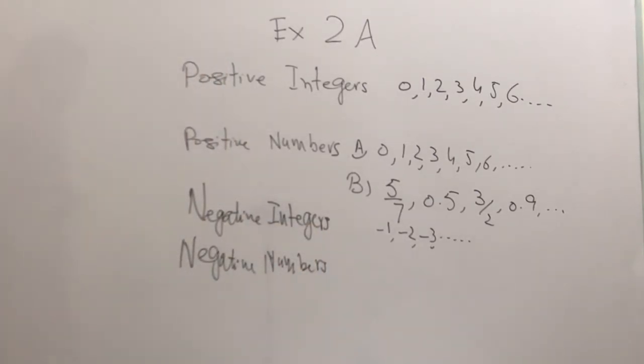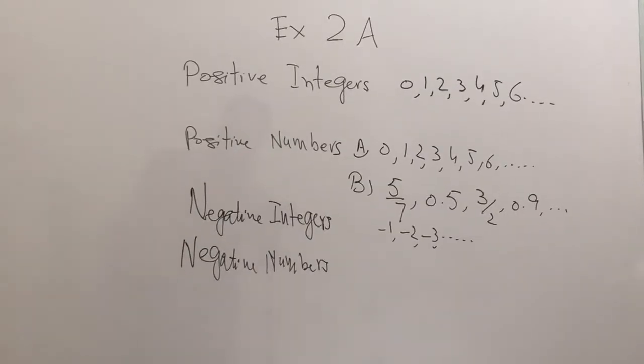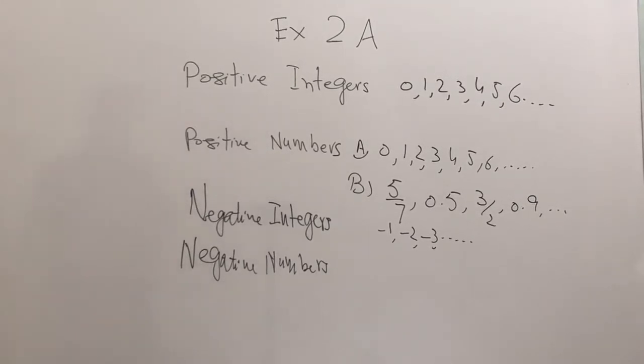Like positive numbers, they have 0, 1, 2, 3, 4, 5, 6 and they have 5 over 7, 0.5, 3 over 2, like this. Similarly, negative numbers have both the things.